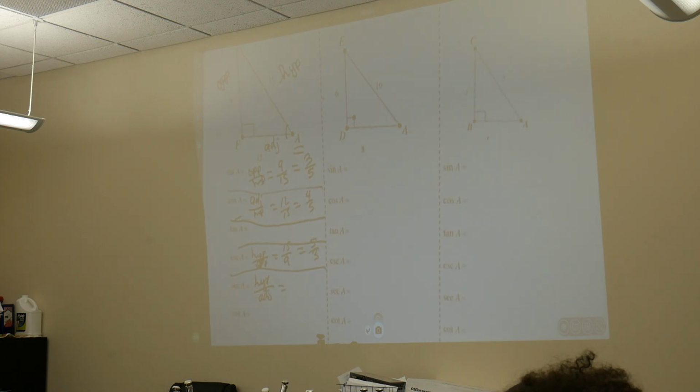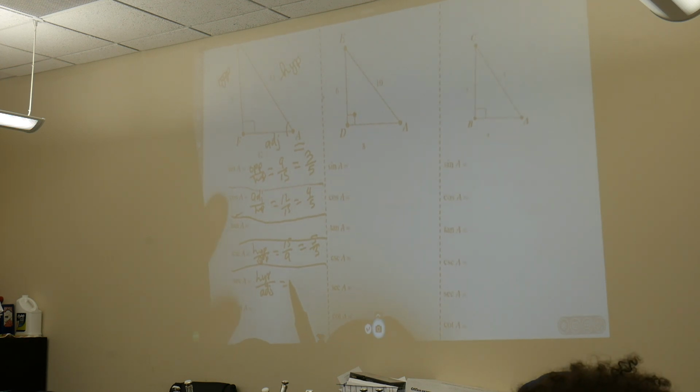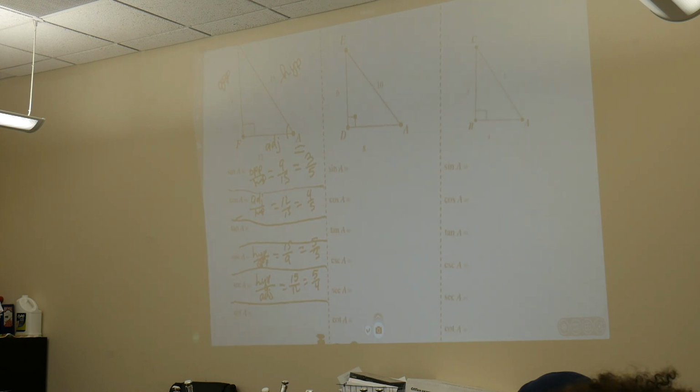I just, one of them comes on top, the other one goes on the bottom, depending on what we're talking about. We're good? So our hypotenuse is still 15. Our adjacent is still 12. And when I reduce that now, I get 5 over 4. Is there anybody with a question?